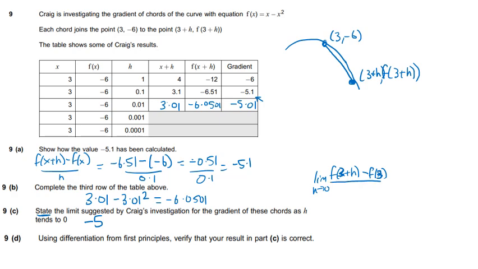So f of 3 plus h minus f of 3 divided by h. So we've got 3 plus h minus 3 plus h squared, and then minus the function evaluated at 3, so that's 3 minus 3 squared, and then divided by h.